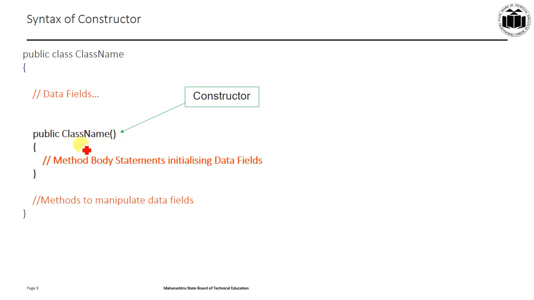So the name of the constructor is class name, and here we have not passed any return type, that is void, int, any return type. So this is called a constructor. This is how we write a constructor in our program.